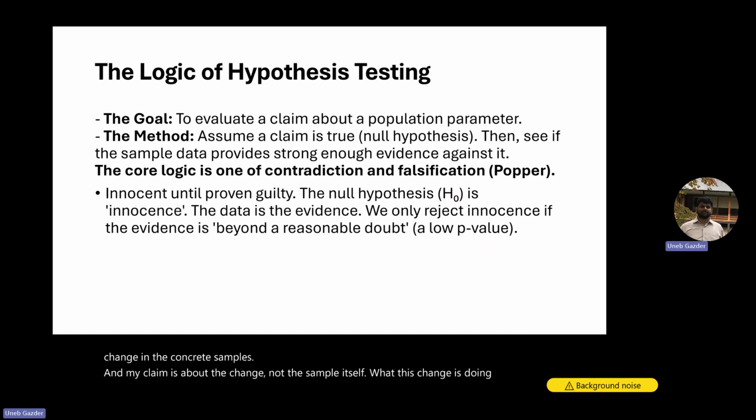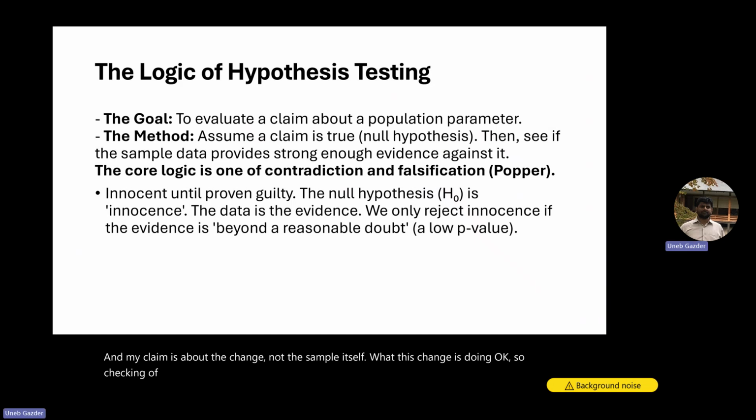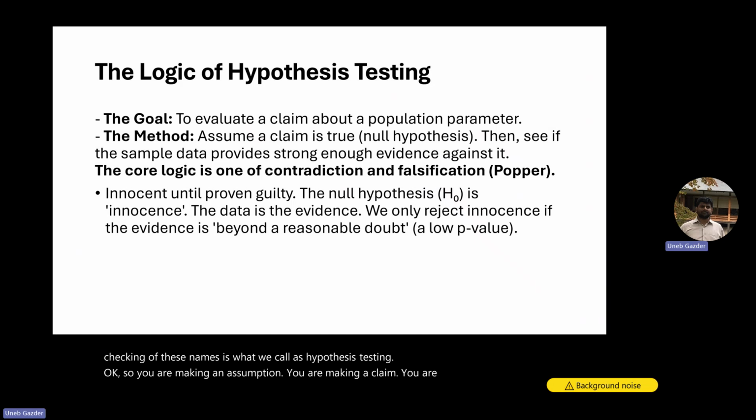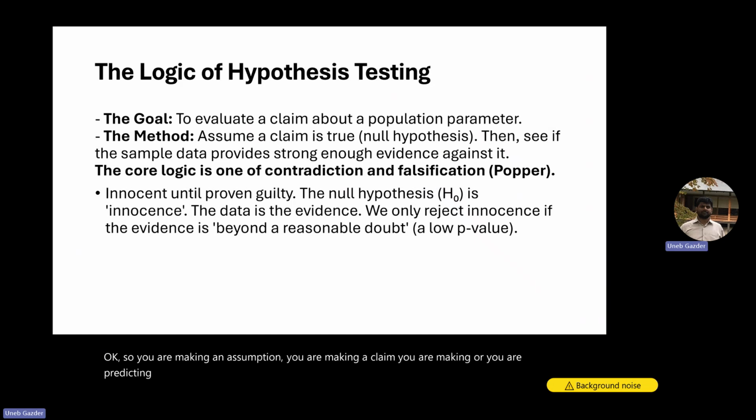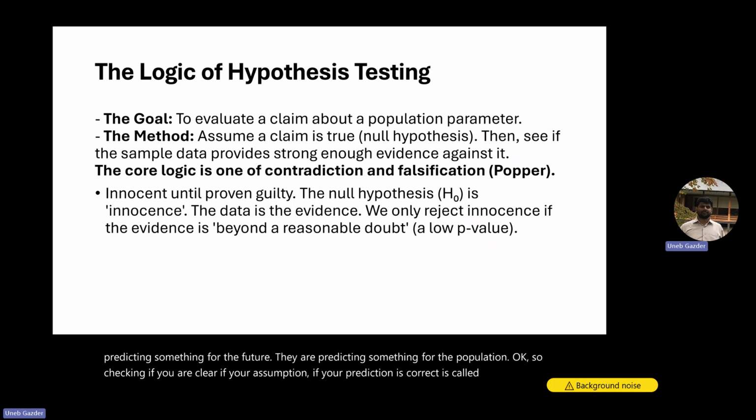So checking of these claims is what we call hypothesis testing. You are making an assumption, you are making a claim, you are predicting something for the future, for the population. So checking if your claim, your assumption, your prediction is correct, is called hypothesis testing.